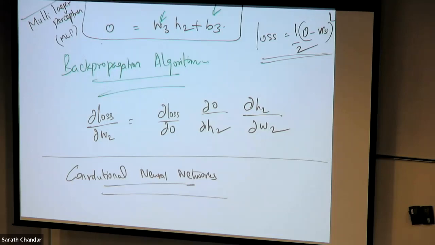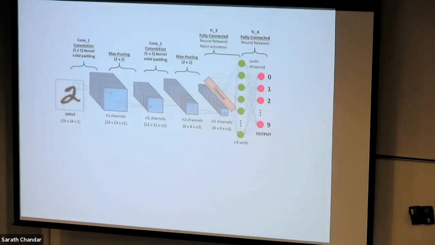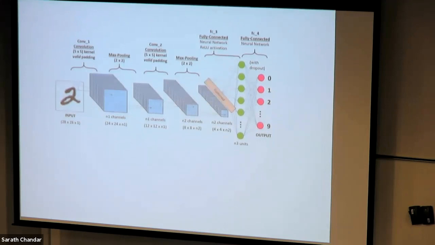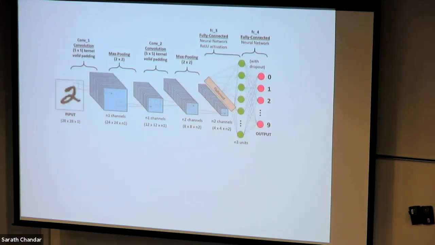Now, convolutional neural networks exploit the spatial structure of the image. We will not get into the mathematical details of CNNs, but I just want to give you a very high-level overview. CNNs take the input, which could be an RGB image.